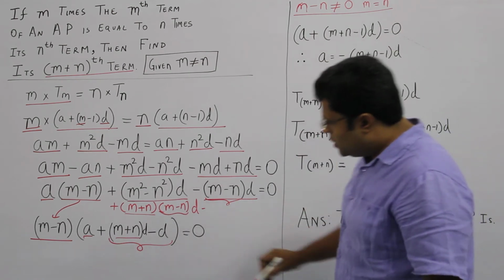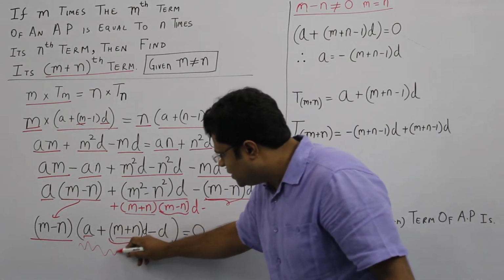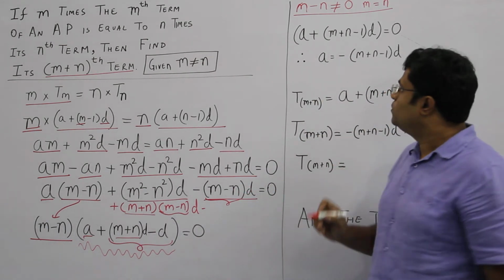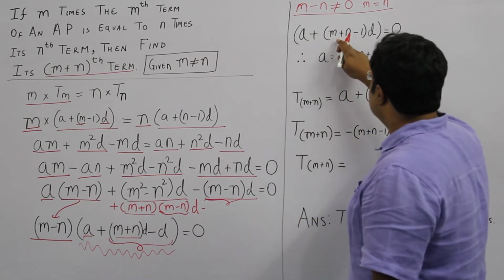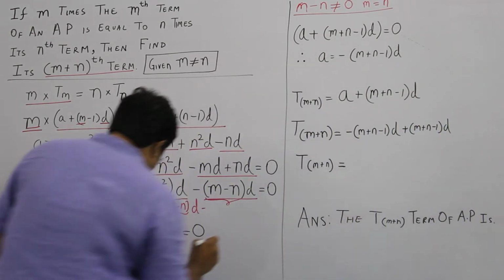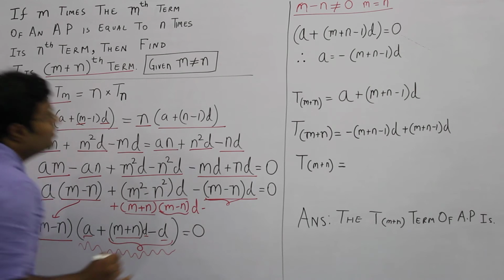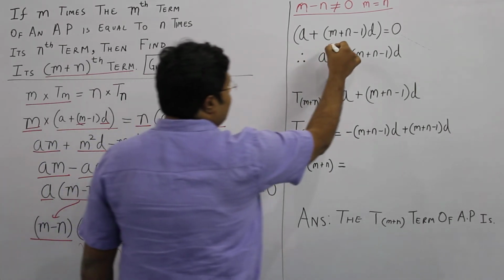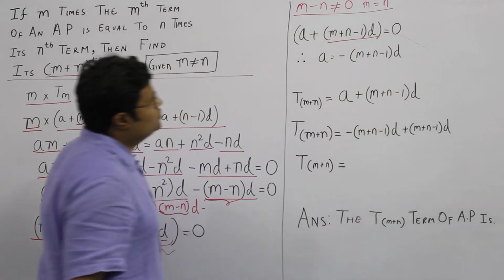So therefore the other factor must be equal to 0. Now a plus (m plus n)d minus d. Here observe, we have taken d common again.